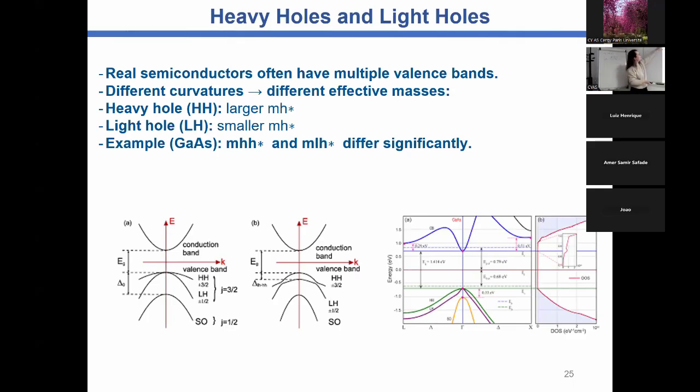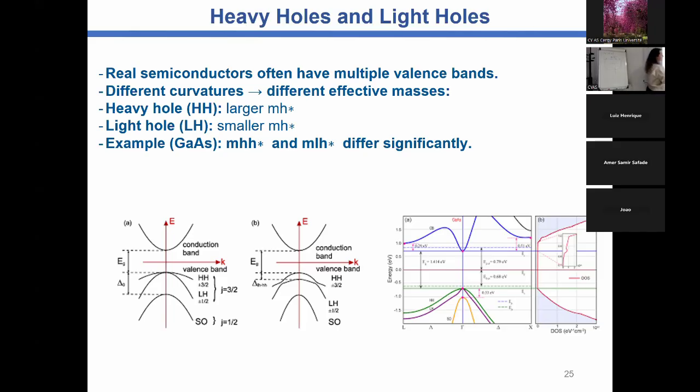So this is what I said. Real semiconductors often have multiple valence bands, with different curvature and different effective mass. We have heavy holes and light holes. For instance, in gallium arsenide, we can have a different density of states, with heavy holes and lighter holes here.